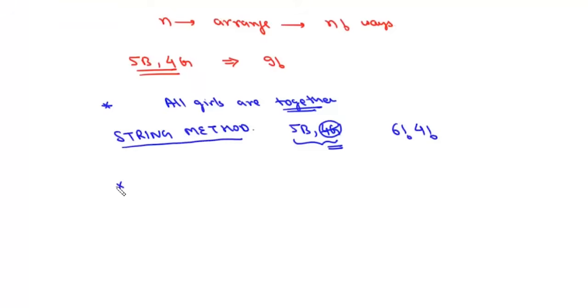And then we have something called the gap method, and we'll use this gap method when we need to separate things. Say for example, we need to arrange 5 boys and 4 girls in such a way that no 2 girls are together.